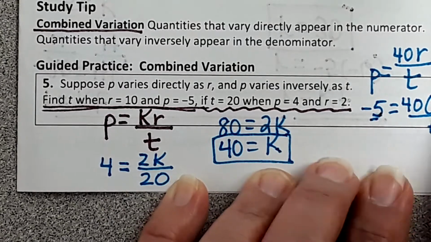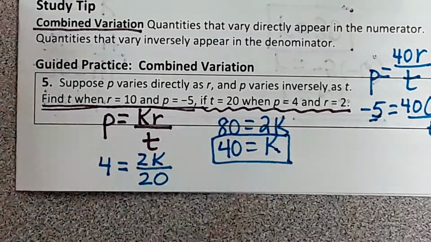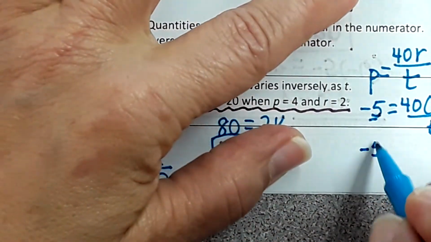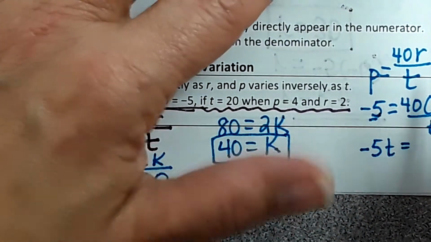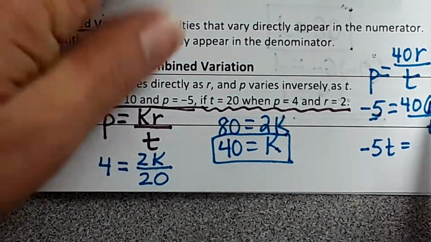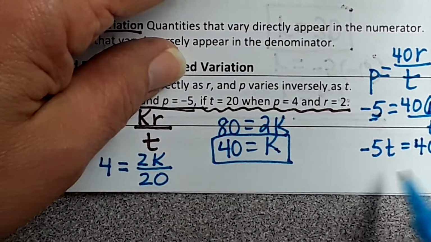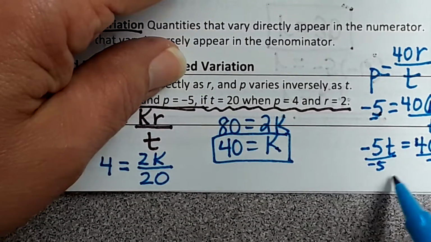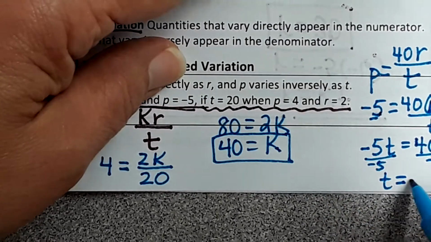So we're looking for T. So T times -5. I can cross multiply because there's an equal sign. So -5T equals, what was R again? 10? Okay, so what's 40 times 10? And then we're going to divide each side by -5. And 40 divided, what did you say? -80.